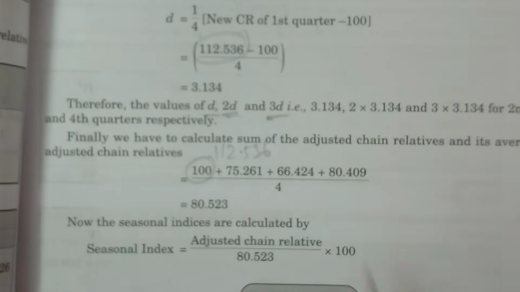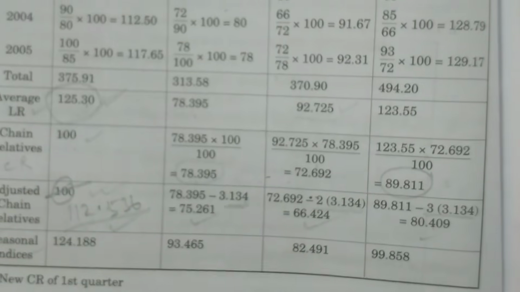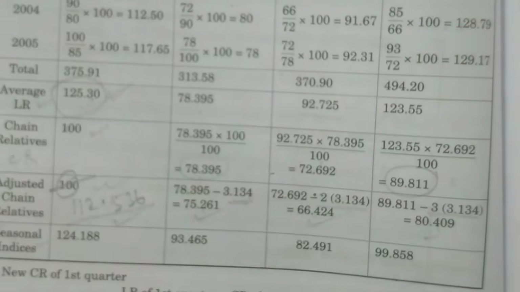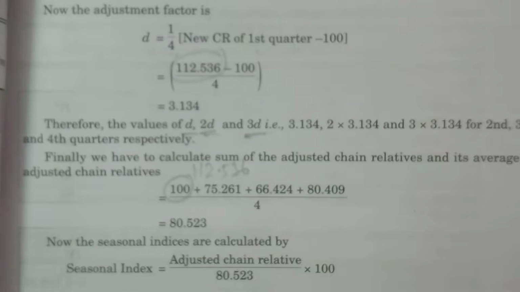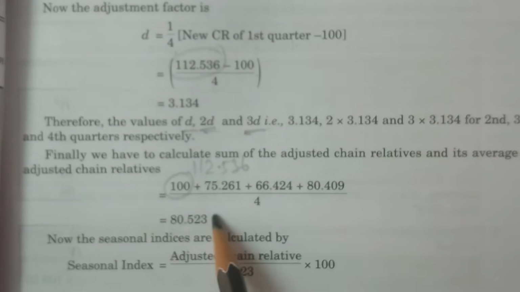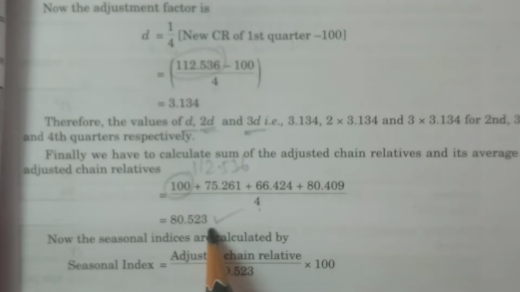You have to add all the adjusted CRs. You see here, I show the values: 1, 2, 3, 4. All these adjusted CRs you add and divide by 4, and you will get the average. So the average of adjusted CR is 80.523.